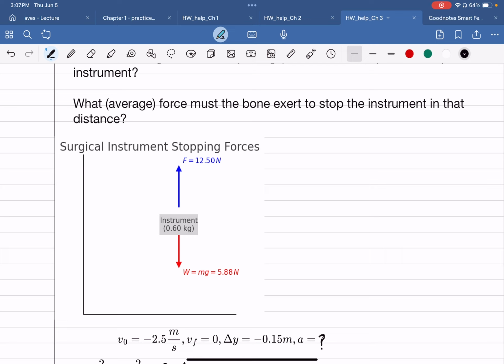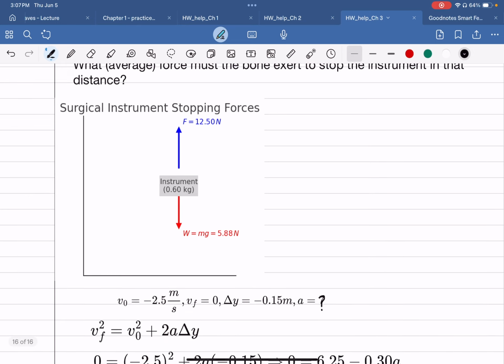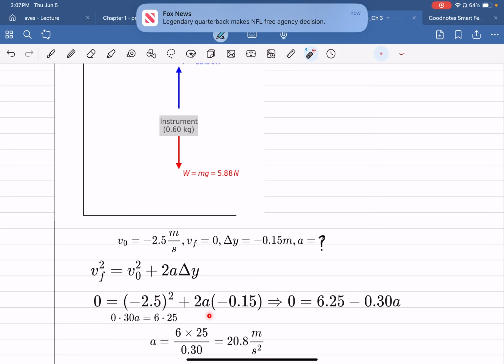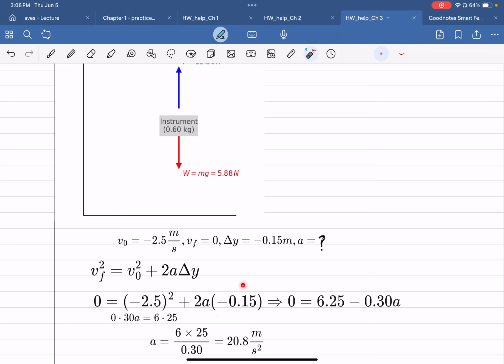And the equation that relates these four is the one that does not have time in it, is this one. Now carefully substitute. When you substitute, you get 0, negative 2.5 squared, right? Plus 2 times a, which we do not know, times delta y. Now this is one term, so you multiply this with 2, you're going to get 0.30 a.